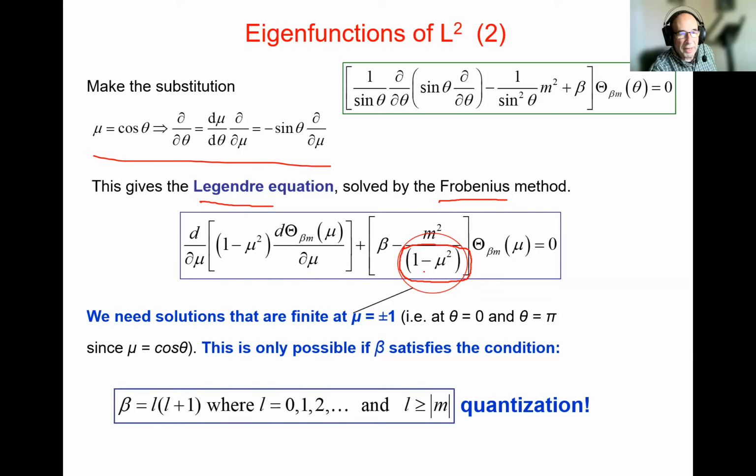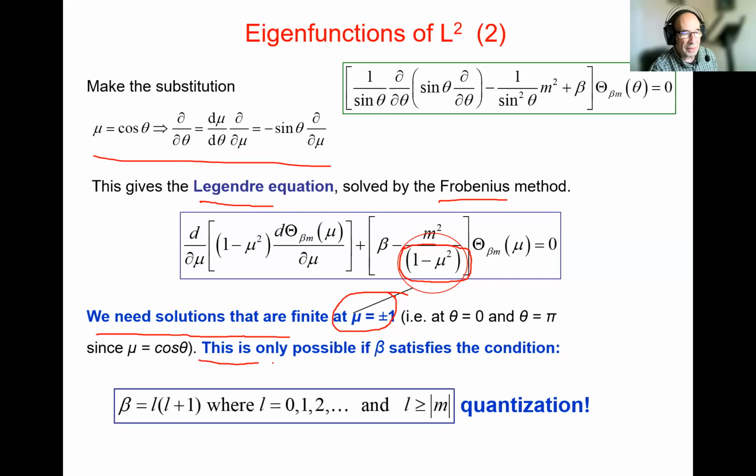And this value, 1 minus mu squared, diverges if mu is equal to plus or minus 1. And so therefore we need to impose another boundary condition: the solutions which we need should be finite at these values. We should not be getting divergence as a result of that. This is, again, a sensible way of dealing with it. Otherwise we get infinities, and we cannot get anything.